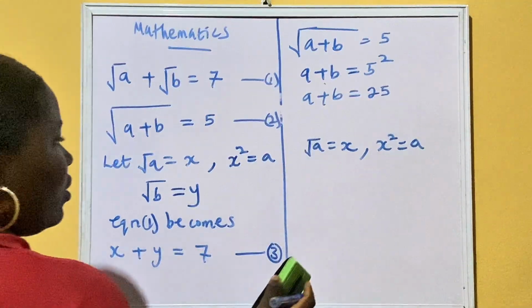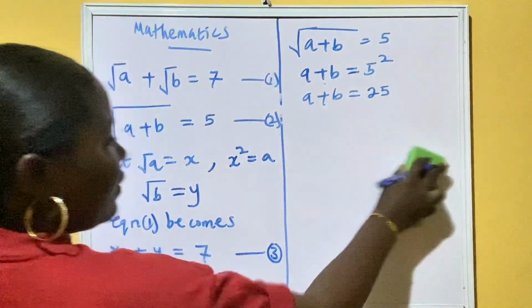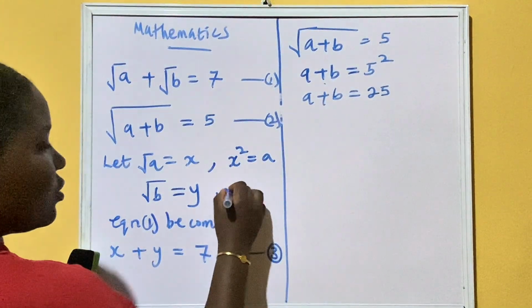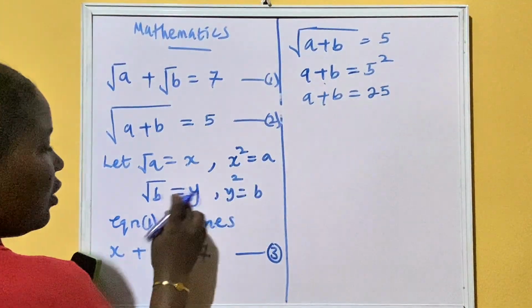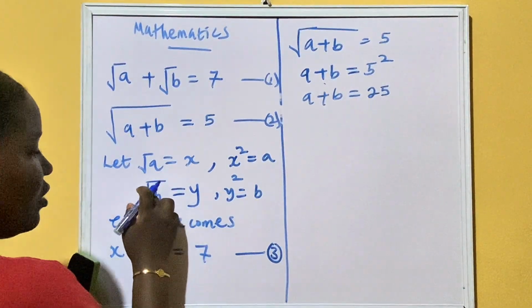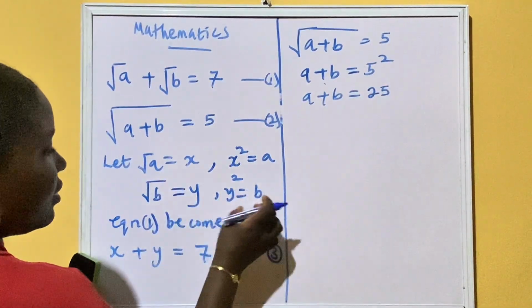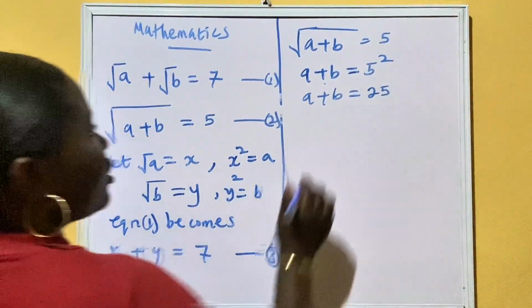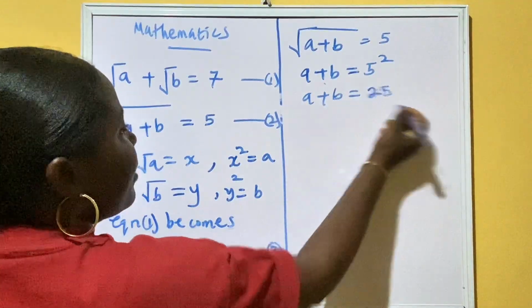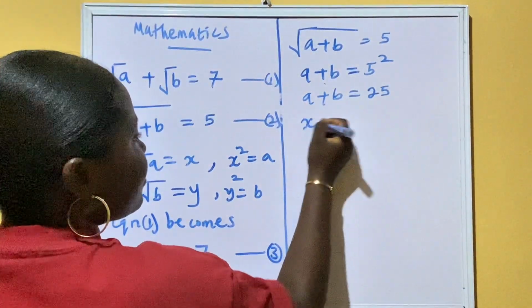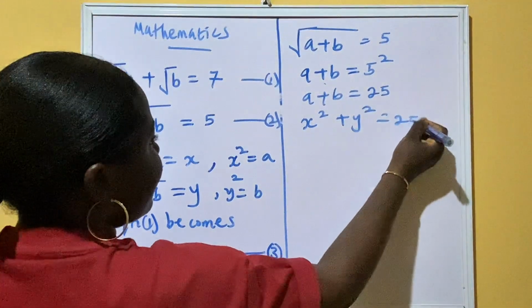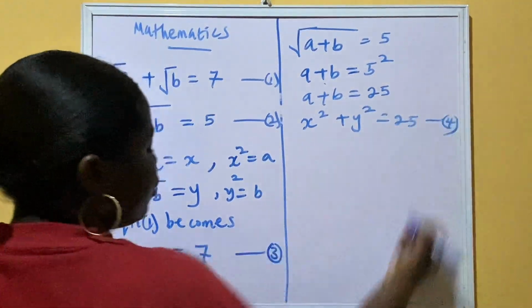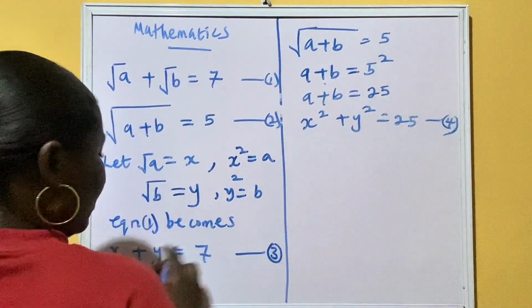So y squared also will be equal to b. If you square this and this as well, the square root disappears. So this will now become x squared plus y squared is equal to 25. This is equation 4.